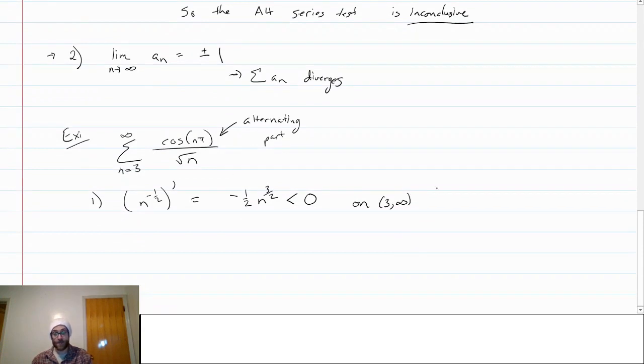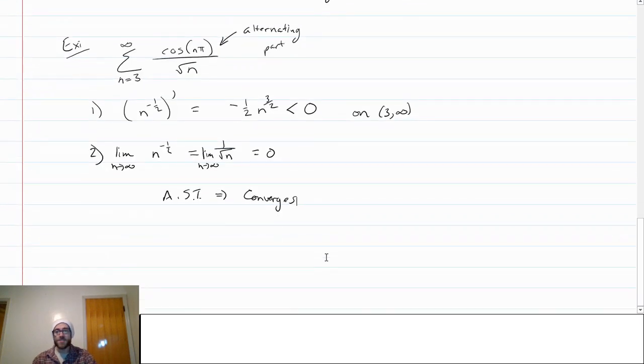So it is negative, which tells us that it's decreasing on this interval. Now all we have to check is the limit as n goes to infinity of n to the negative 1/2, which is the same as 1 over the square root of n, and that limit is 0. So by the alternating series test, we can tell that this converges.